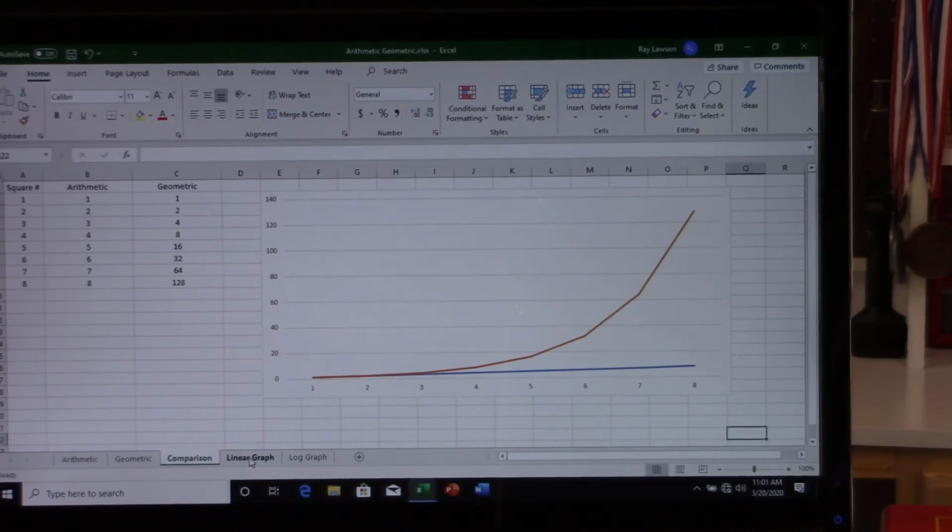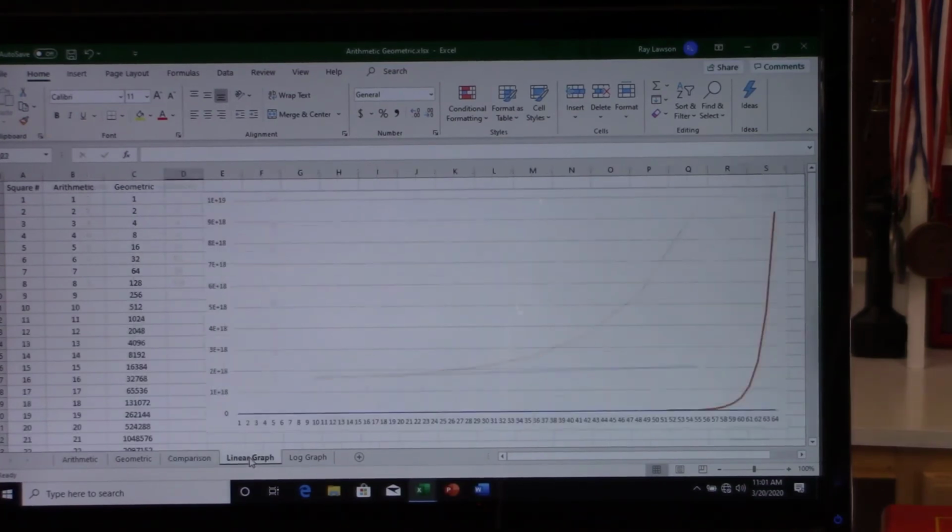If I plot these together on a linear graph, and this is for all 64 values, notice we can't even see the arithmetic series. It's so small compared to the geometric series, and then we see this knee in the curve where the geometric series just starts to take off astronomically.